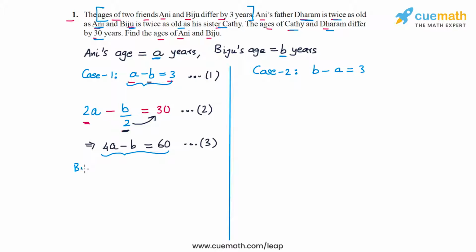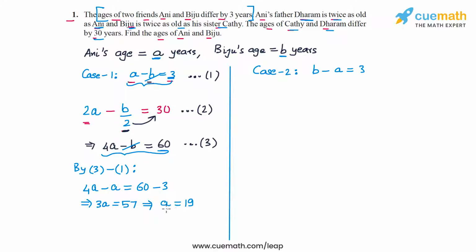Now I can do 3 minus 1 because that will eliminate B, and that will give me, on the LHS, 4A minus A, and the B terms will cancel out. On the RHS it will give me 60 minus 3, and this means that 3A is equal to 57 or A is equal to 19.